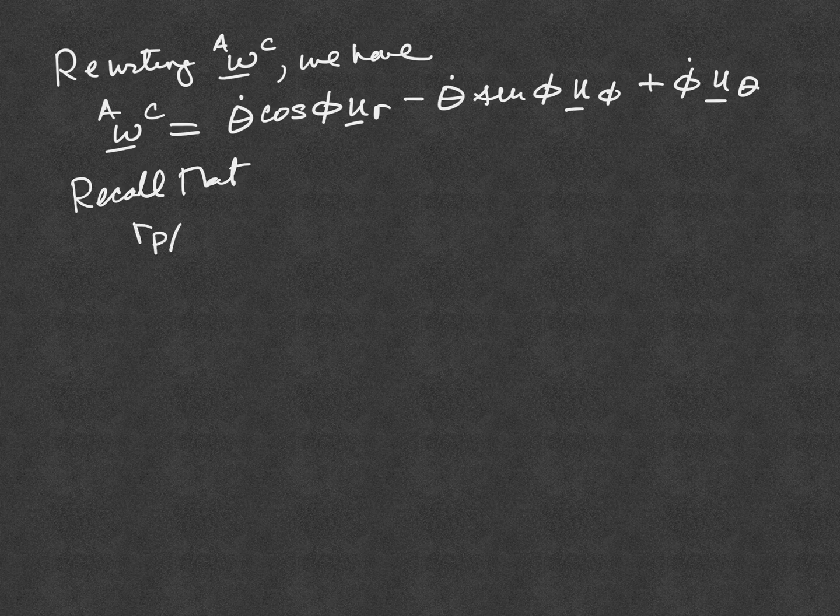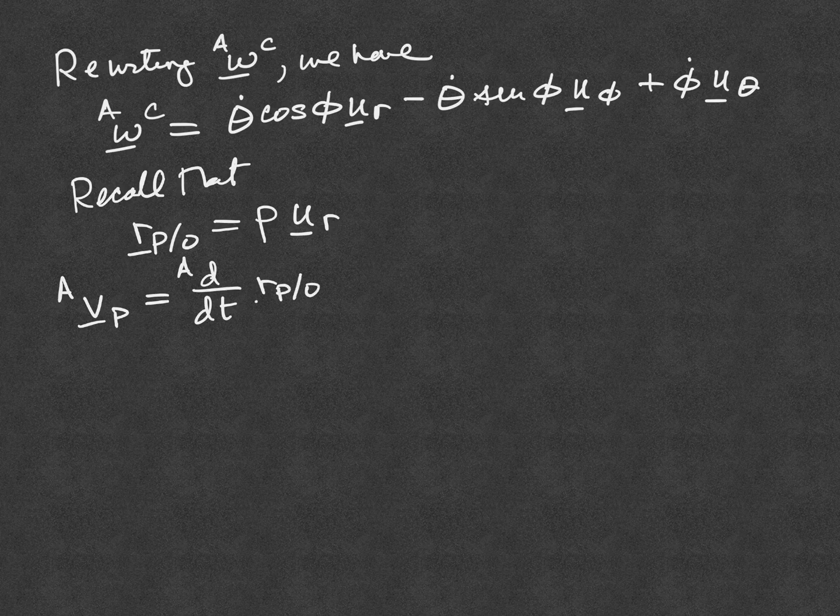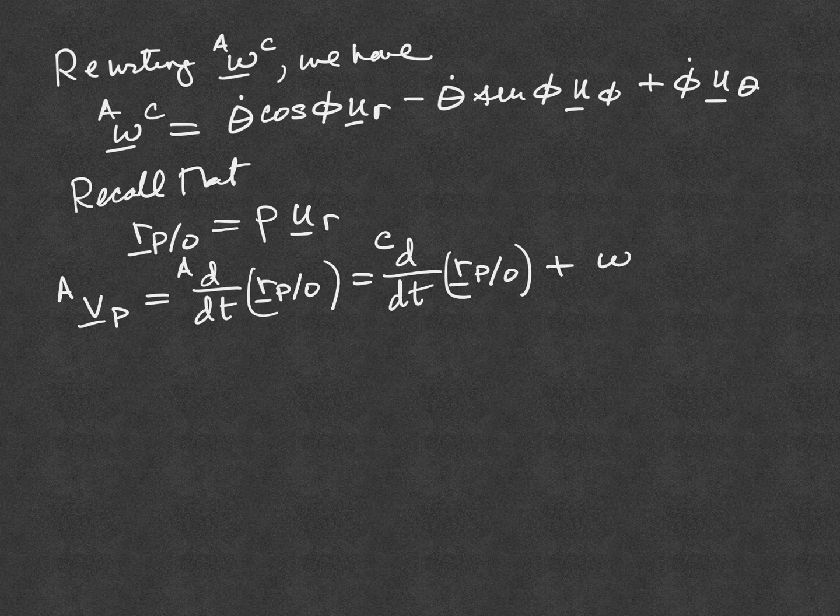the position of P relative to O is equal to rho times UR, which means that the velocity of P in reference frame A, which is equal to the rate of change in reference frame A of the position of P relative to O, is equal to the rate of change in reference frame C of the position of P relative to O plus omega CA crossed with the position of P relative to O. So now let's take these piece by piece.